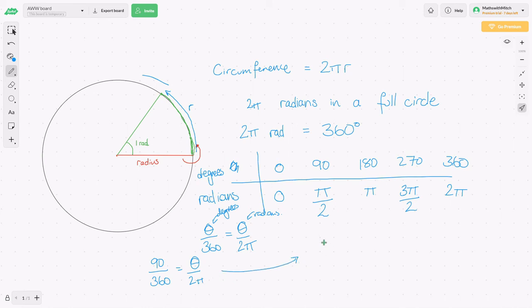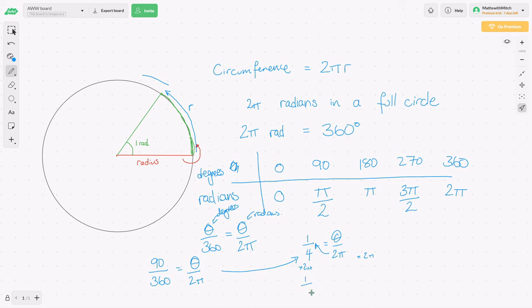Let's bring this over here. So 90 divided by 360 is a quarter, equals the angle over 2 pi. Now let's get the 2 pi over onto this side, so we can times by 2 pi on each side.